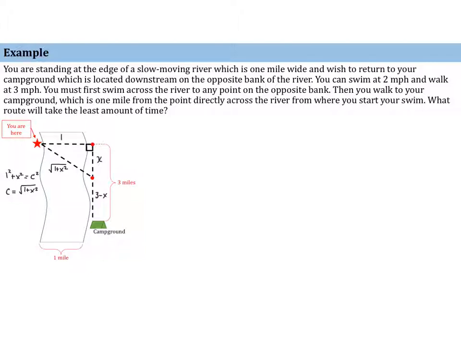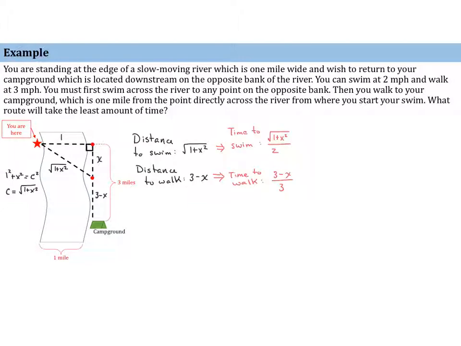So let's take an inventory of what we know. The distance to swim is the square root of the quantity 1 plus x squared. The distance to walk is 3 minus x. Now we know that time is distance divided by rate. So if we take the distance that we swim, divide it by 2, we get the square root of the quantity 1 plus x squared all over 2.